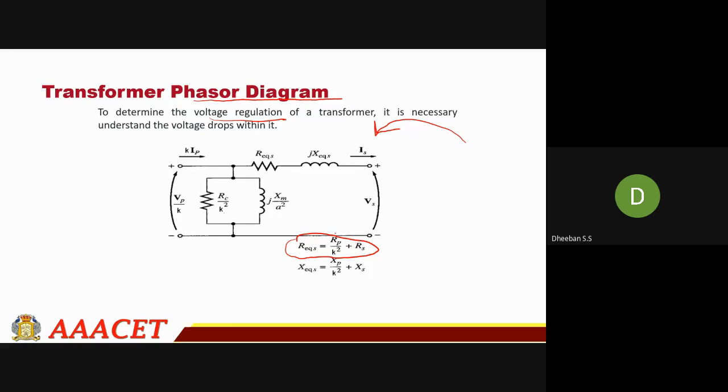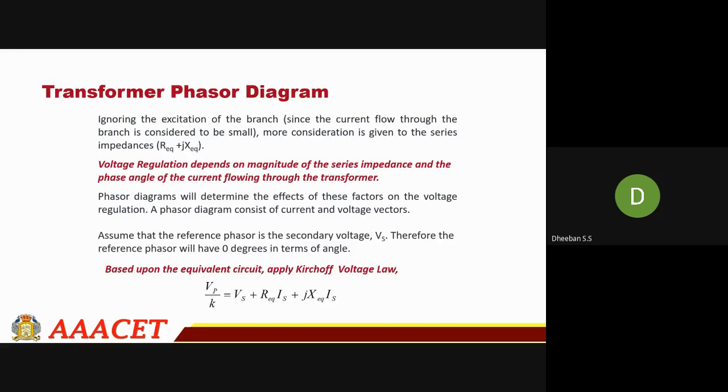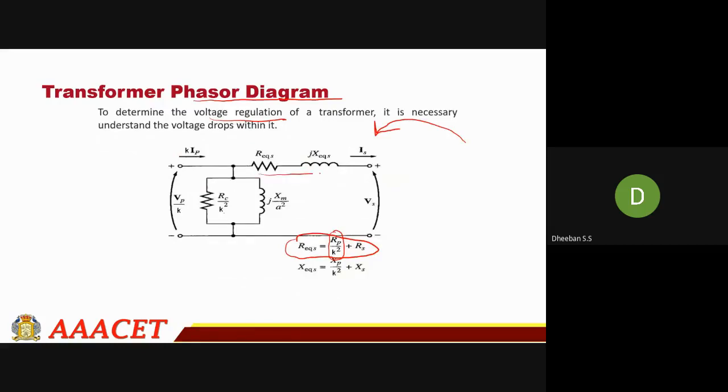Here you can see this formula we have already seen. Now you have to ignore the excitation branch. More consideration is given to R equivalent and jX equivalent. Why? Because the voltage regulation mainly depends upon this series impedance.